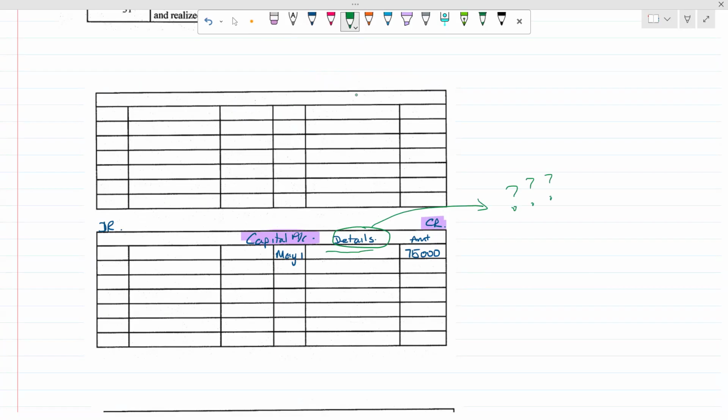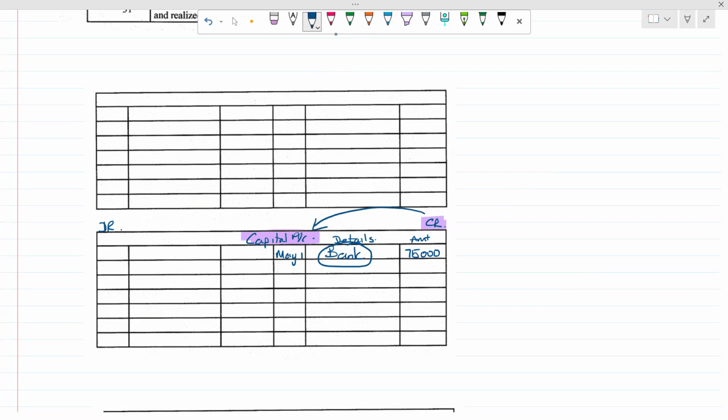Exactly. So are we debiting the account that we write in here, or crediting this account we write in here, or are we crediting the capital account? Crediting the capital account. Right. And do we need to write the name of the other account involved in the details? Yeah. Right. And what is the name of the other account involved here? Bank. All right. So by writing bank here, am I crediting bank? No. What are we crediting? Capital.